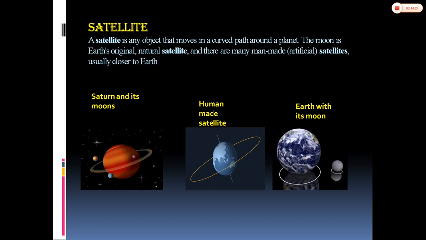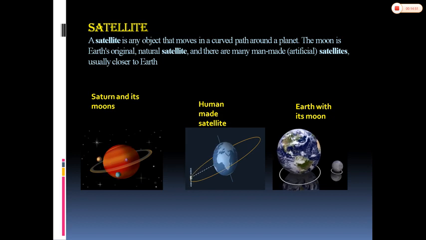The satellites are usually closer to the planets, and they move around the planets. Not only the earth, but some other planets also have moons around them, like Saturn. Saturn has more than 57 moons around it, which are continuously moving around Saturn.